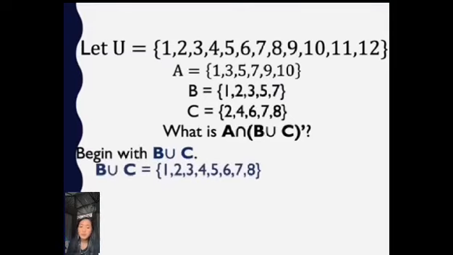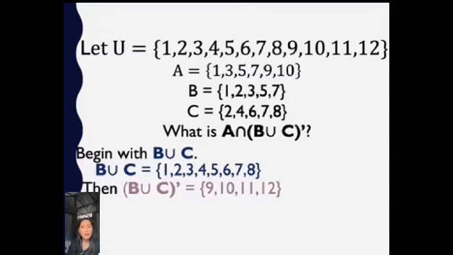To solve this kind of set operation, you can solve it by parts. Begin with the union of B and C, which is equivalent to the elements 1, 2, 3, 4, 5, 6, 7, and 8.